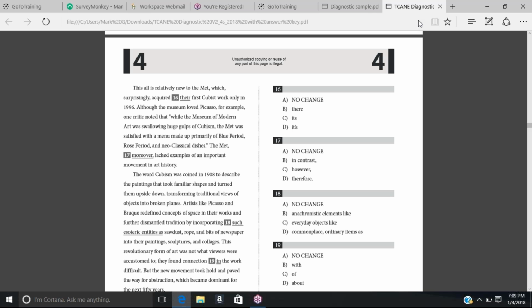Uh-oh, I have a homonym, a word that sounds the same but is written 2 different ways. SAT likes playing on these too. Its is both C and D. What's the difference? D is the apostrophe S, which means contraction. IT apostrophe S means it is. That's it. C is possessive, which normally does have an apostrophe. But for some reason, the English language said IT without an apostrophe S is the right way to do possessive.